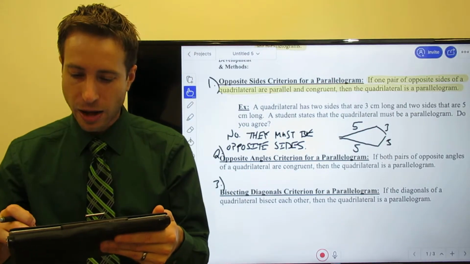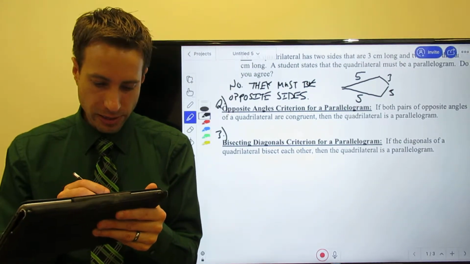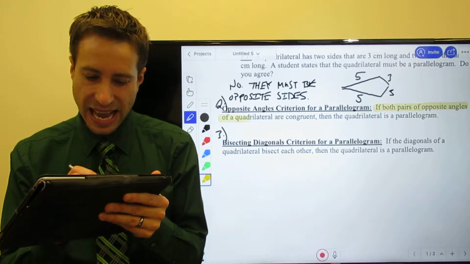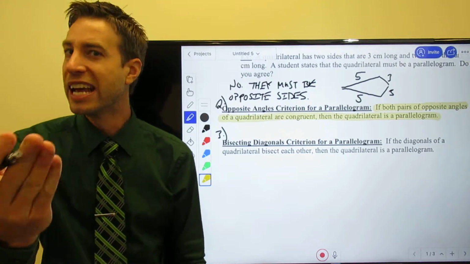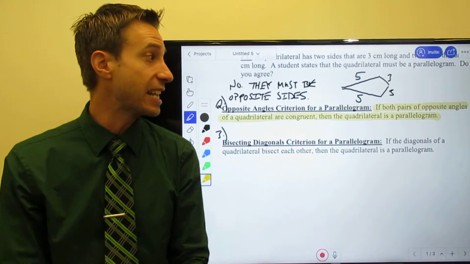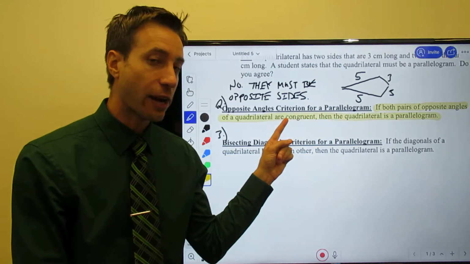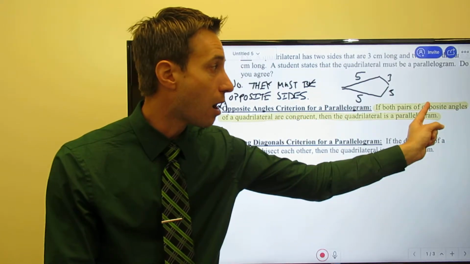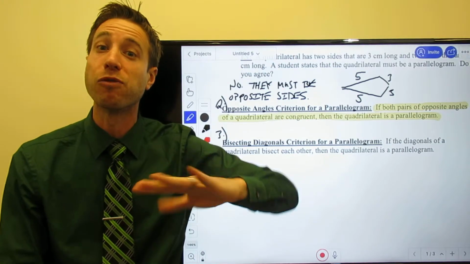Let's take a look at the other two. The second is: if both pairs of opposite angles of the quadrilateral are congruent. You can see the same thing here. Not only do the angles have to be the same measure, they have to be congruent, but they have to be opposite angles, just like above with the sides.